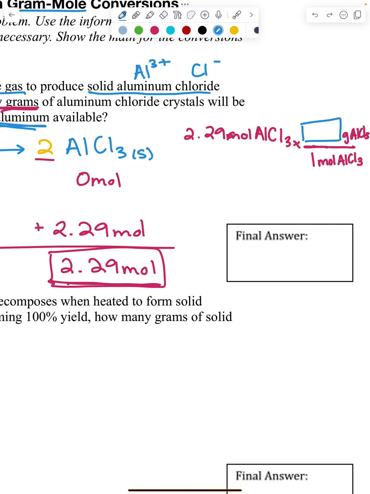So the molar mass of aluminum is 26.982. And then I add that to my molar mass of chlorine.